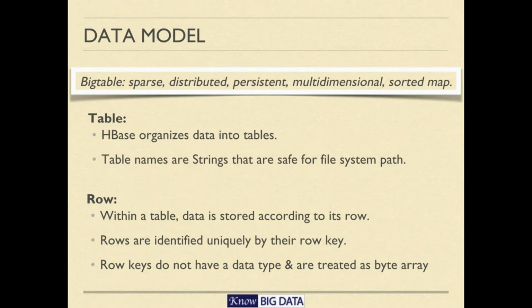On one hand you have the usage requirement, on the other hand you have the limitations and the features of the database. Now you as an architect or a developer or system engineer have to translate your requirement in order to fit the features and avoid the limitations of the database. So it's very important to understand the data model provided by the database so that you can fit it accordingly.